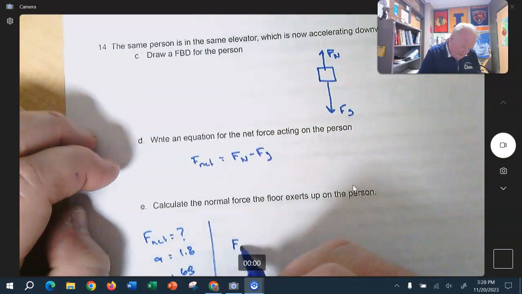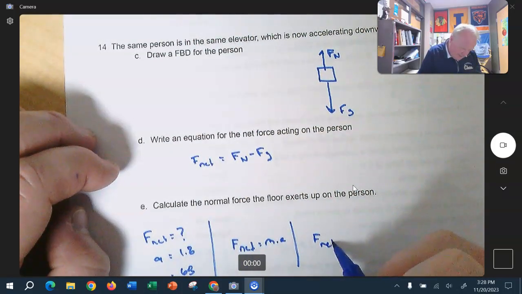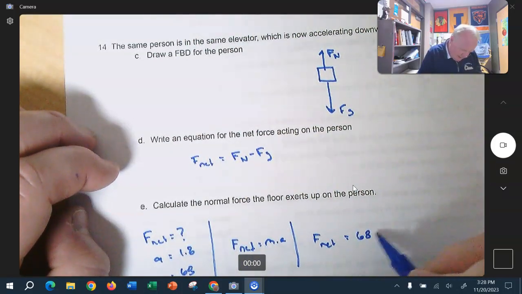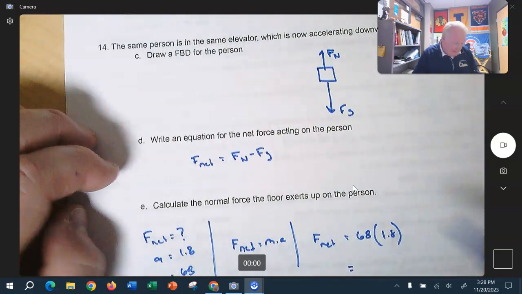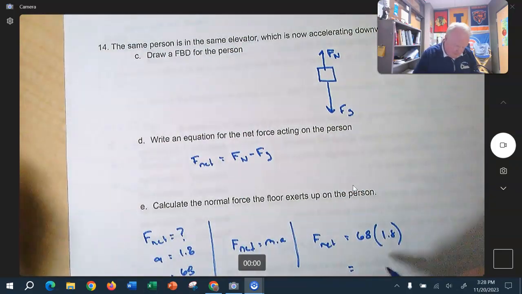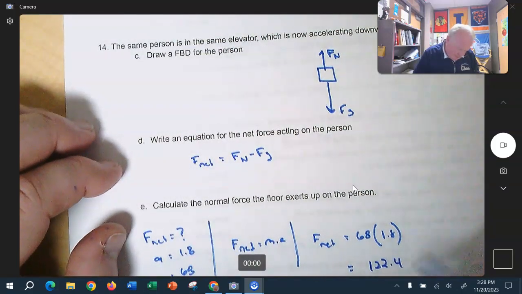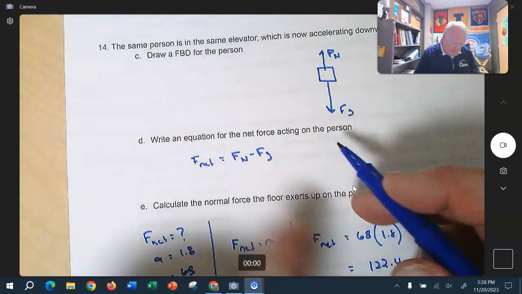So we can find F net, which is just mass times acceleration, or F net is equal to 68 times 1.8. All right? And then 68 times 1.8 is 122.4. That's F net.